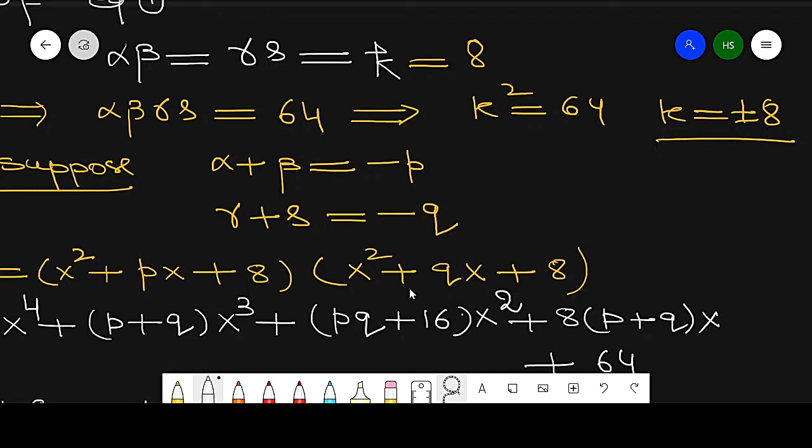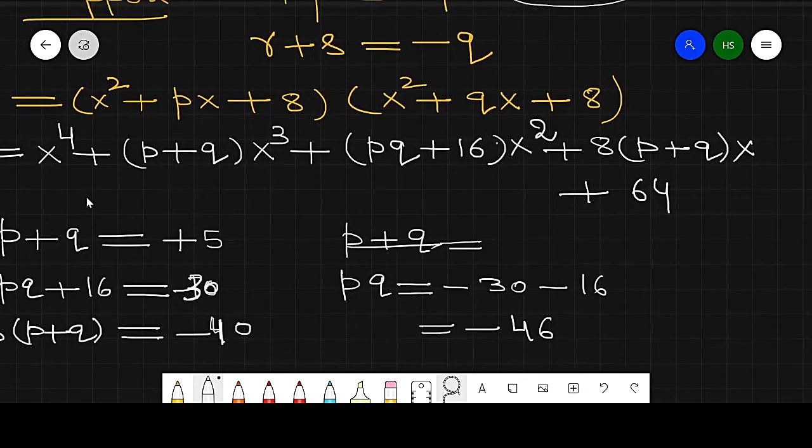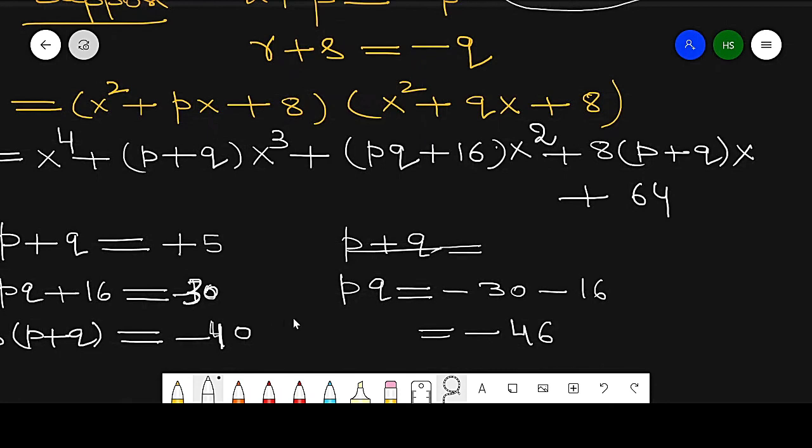Which k satisfies the given equation? So I will choose k equal to -8. So k is -8. If k is equal to -8, then k square is 64, no problem.